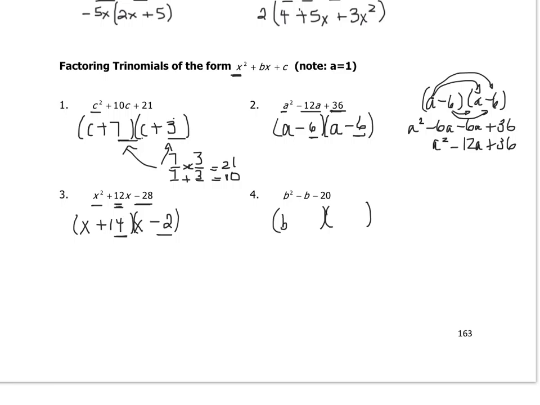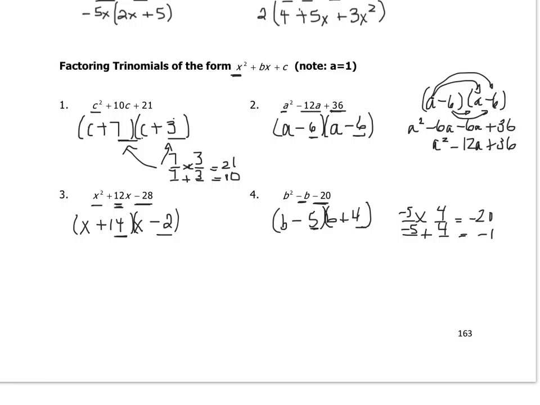And the last one, it would have to be b and b, and you're looking for two numbers in here that multiply to give you negative 20 and add to give you negative 1. That would be negative 5 and 4. So that would be b minus 5 and b plus 4.